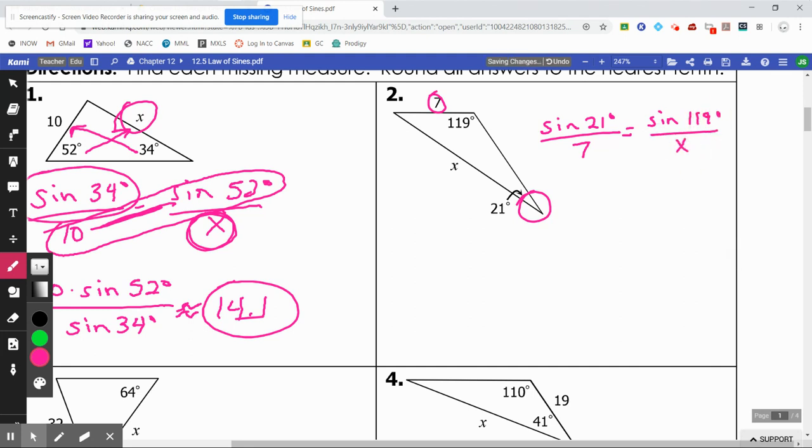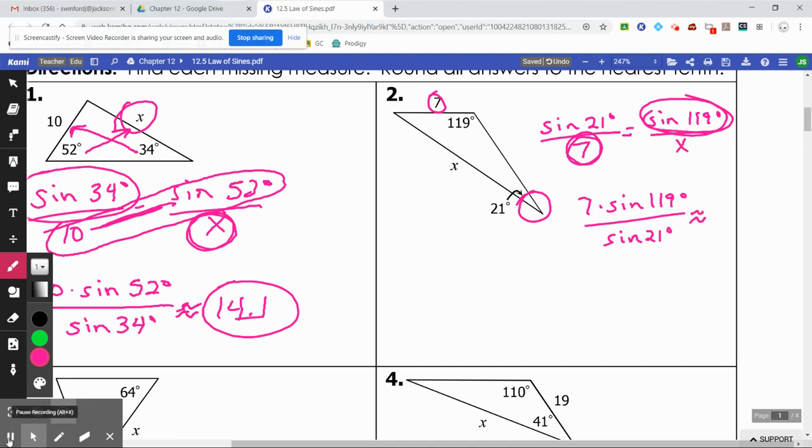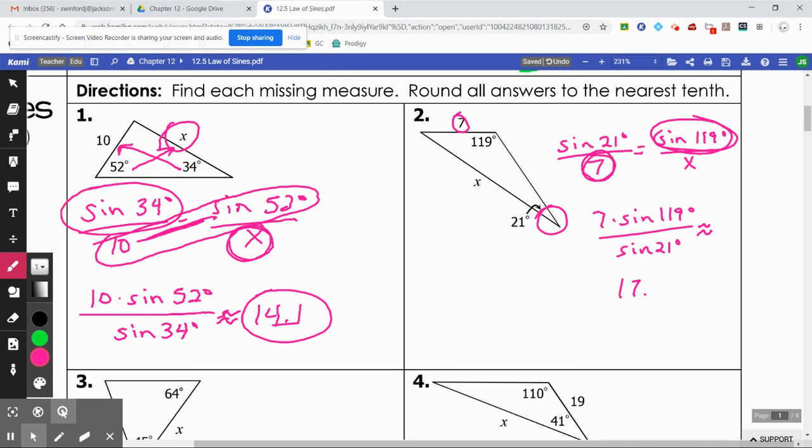To type into our calculators, we're going to do 7 times the sine of 119, and then divide that by the sine of 21. And you should get about 17.1. Next problem.